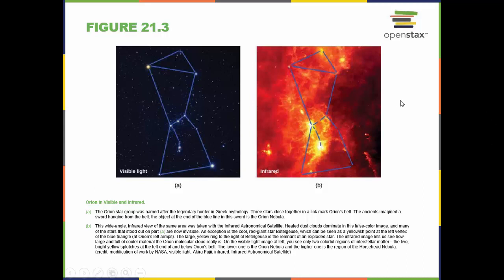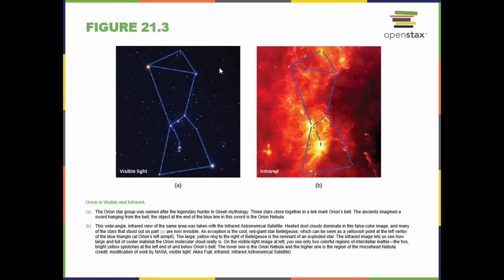If we look at this image here, we can see where that star was, and we can barely see it in the infrared image, right? So this infrared image lets us see how large and full of cooler material the Orion molecular cloud really is.